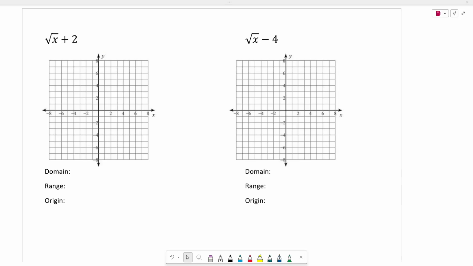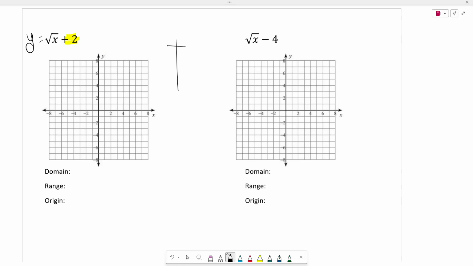Okay, looking at this one, this is y equals the square root of x plus 2. Notice the plus 2 is outside of the radical. So that's going to move our graph up and down. Anything on the outside moves it up and down, inside moves it left and right. So on the outside it's going to move up 2 places.